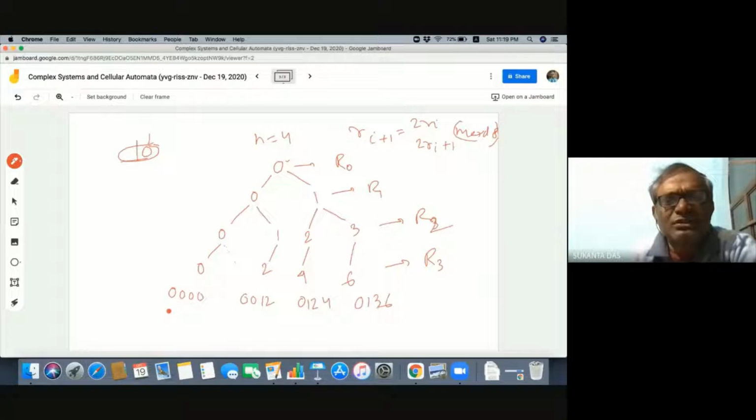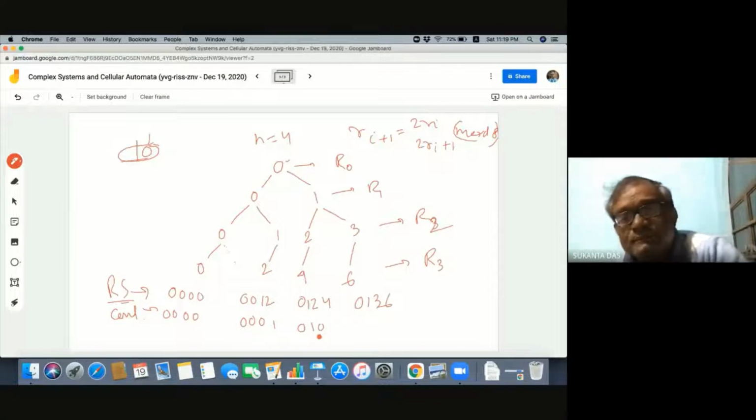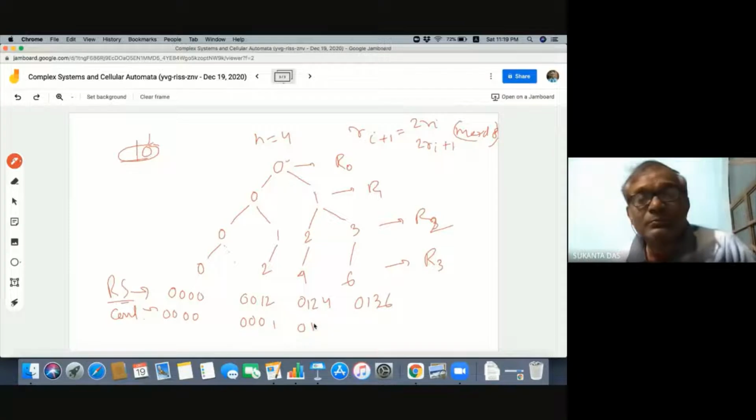The configurations are: 0 0 0 0, and this is 0 0 0 1, and this is 0 0 1 0, yes, right.